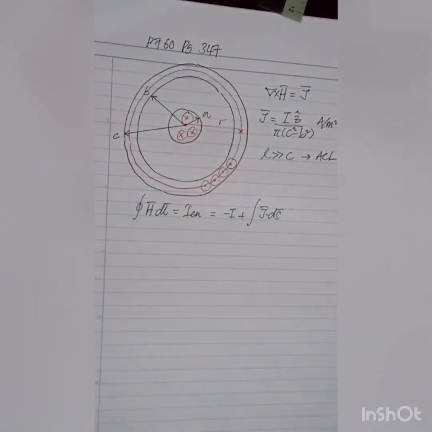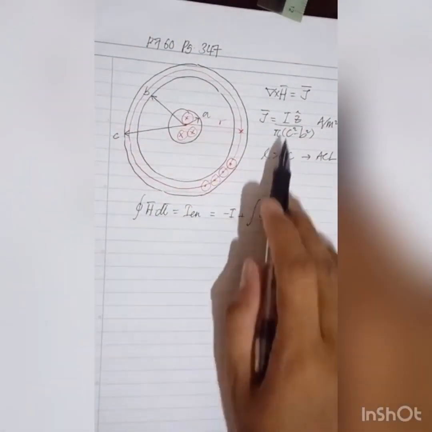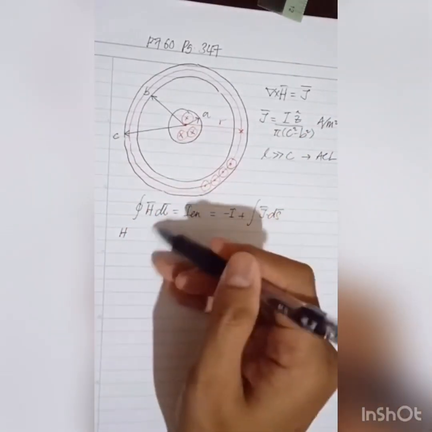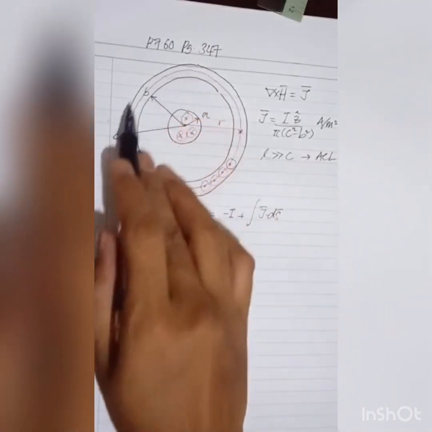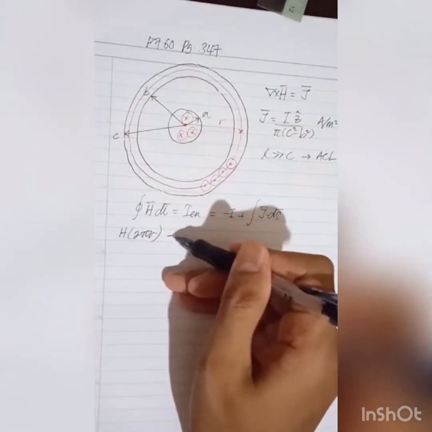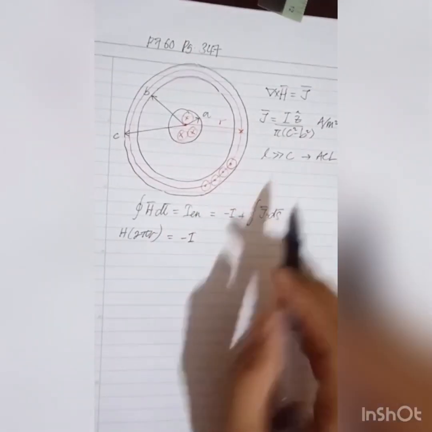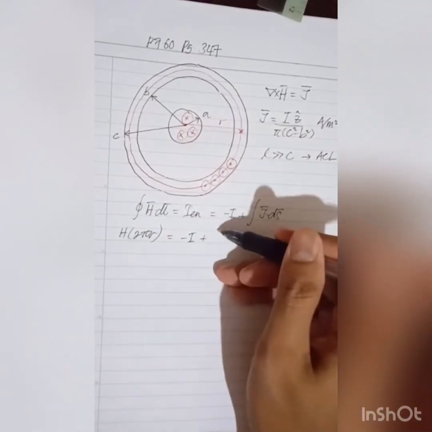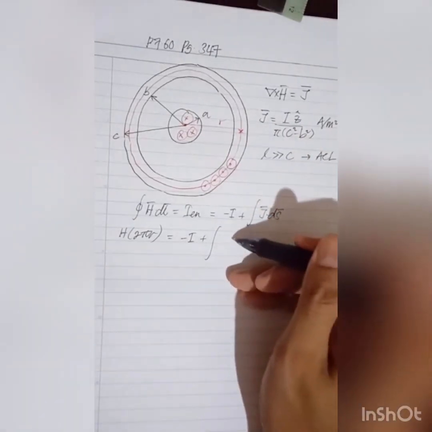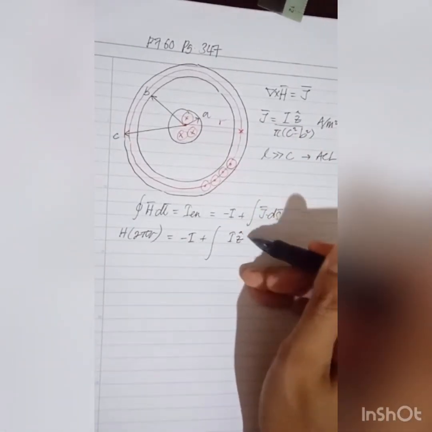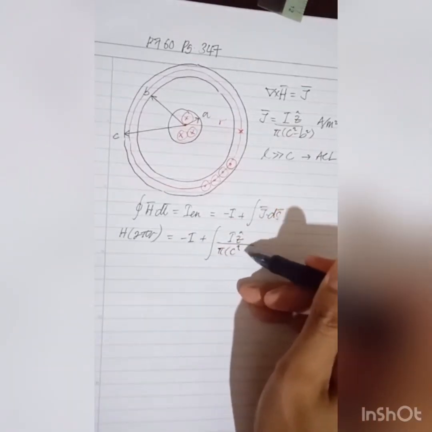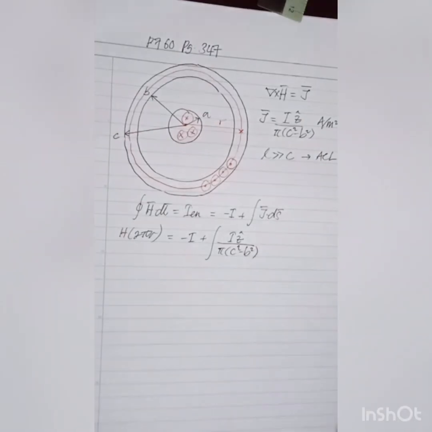Now we know the J given above, so we can simply proceed. We have H for the dl, and for the circumference of this loop we have 2 pi r, equal to minus I, plus, putting in the J expression obtained earlier, I in the z direction over pi times c squared minus b squared.